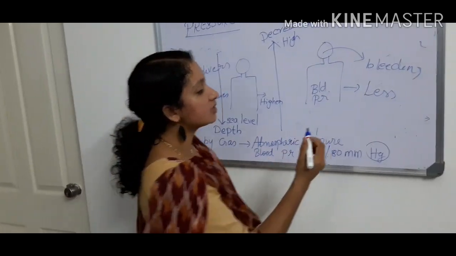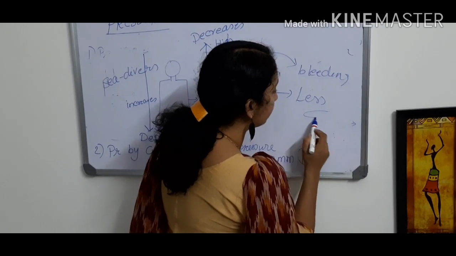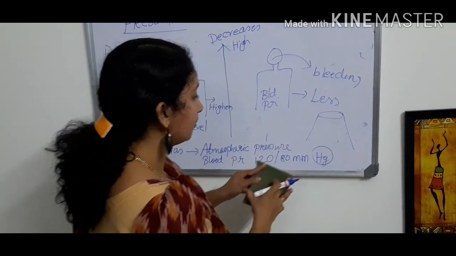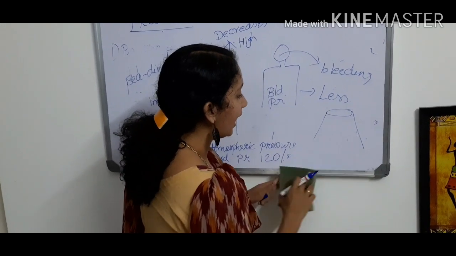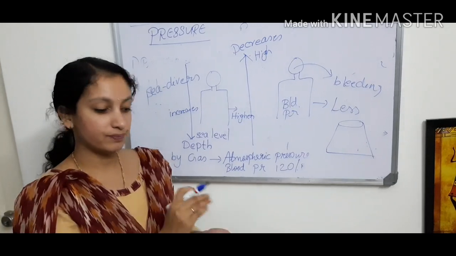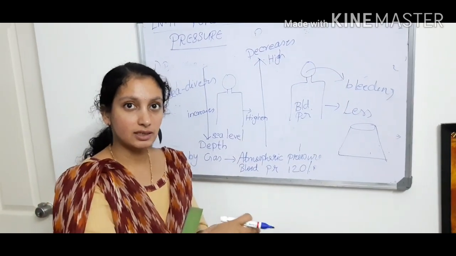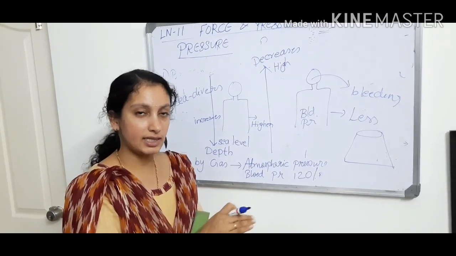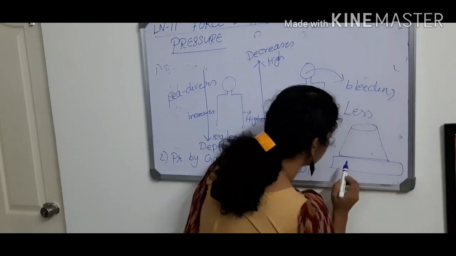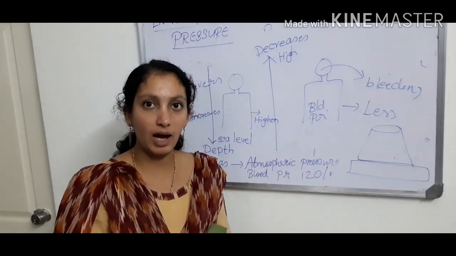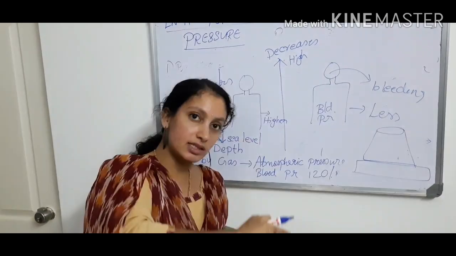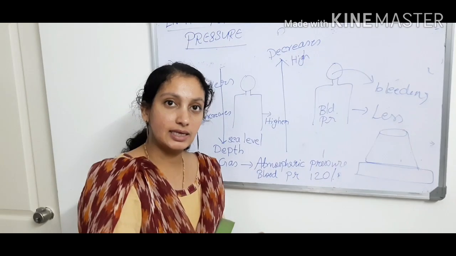You can do one activity also. You're taking one tumbler with full of water, and you are inserting that tumbler to your palm, which contains one thin sheet of cardboard. You're keeping one cardboard on your palm, taking one tumbler of water, you're just inserting without leaking the water.